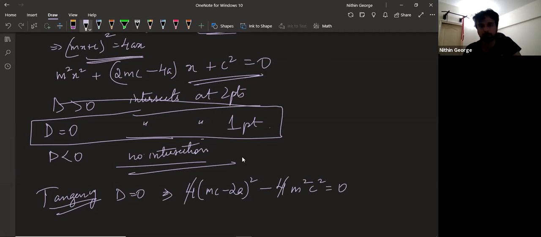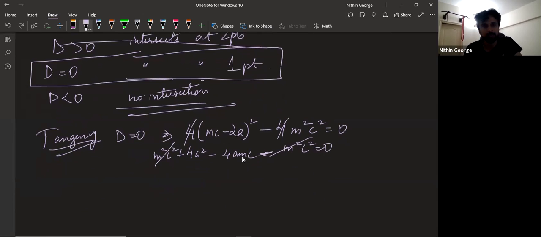So 4 and 4 will cancel out, and this minus m square c square will be taken to the other side. So I'll get m square c square plus 4a square minus 4amc minus m square c square equal to 0, where m square c square simply cancel each other out. I get a square equal to amc, or in other words, I'll get c equal to a by m.